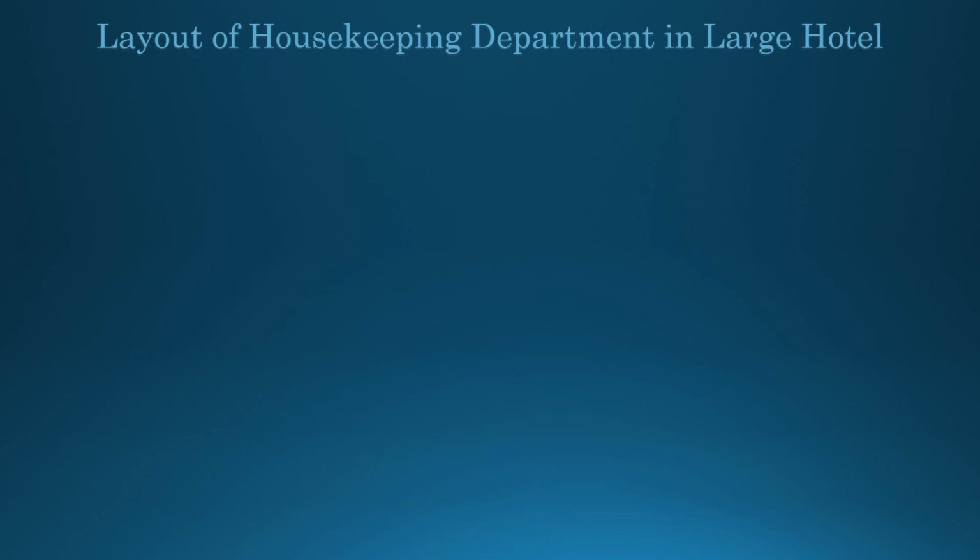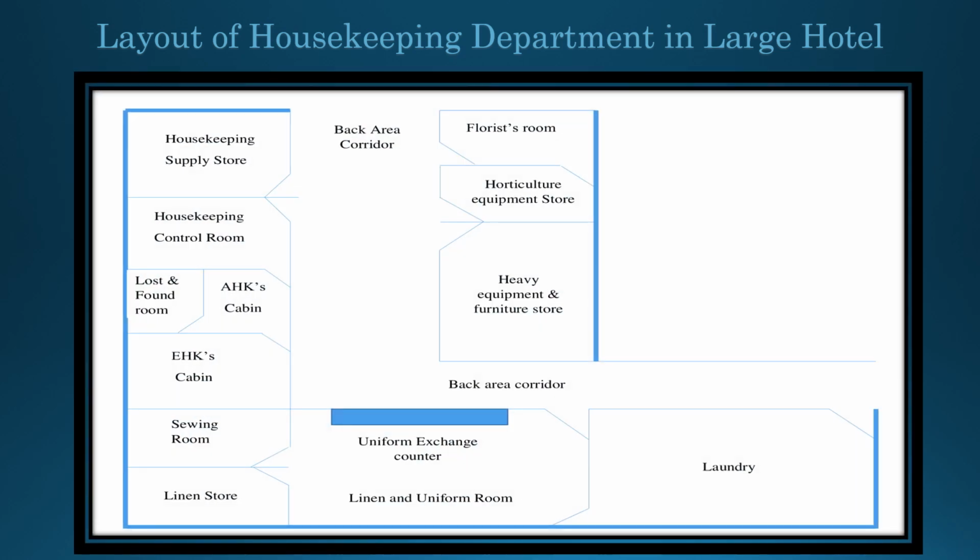Here is the layout of housekeeping department in a large hotel. In this layout, you can easily compare the space, the area, and few more sections also added in the large organization for the housekeeping department.